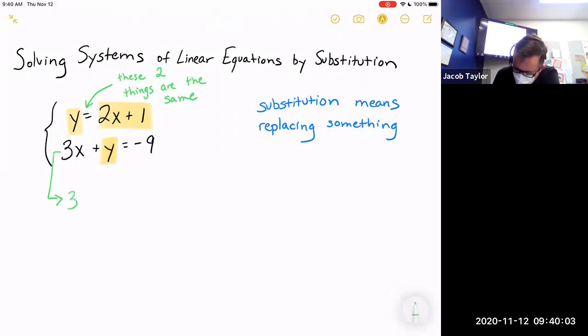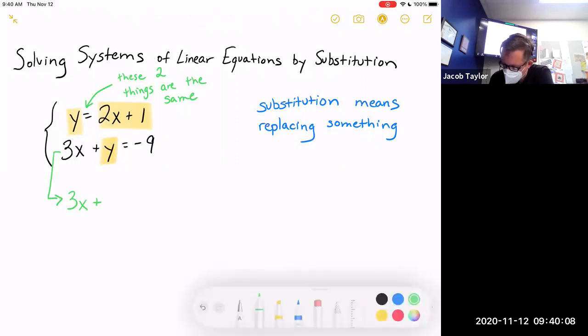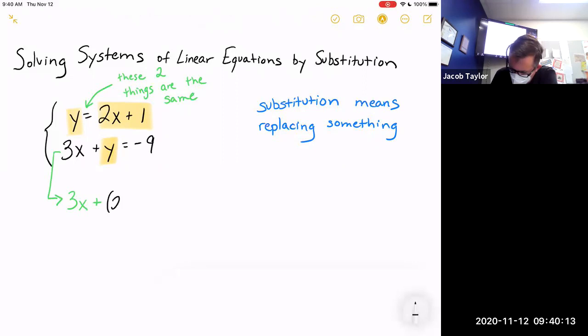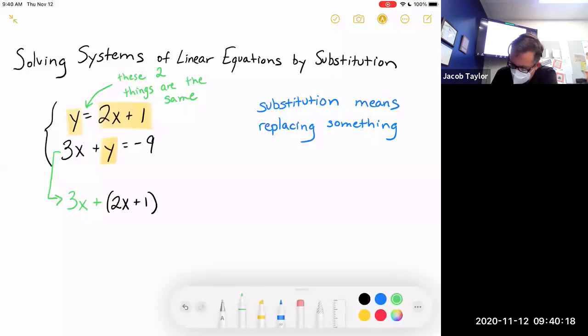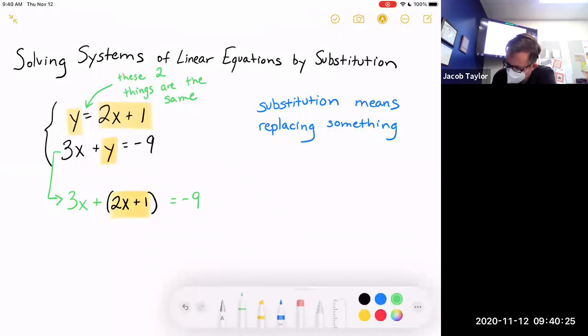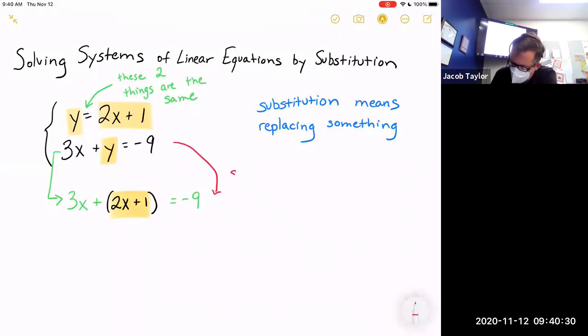I'm going to do 3x plus, and in place of the y, I'm going to put 2x plus 1. And it equals -9. So I have just substituted right here between this step and this step. I substituted 2x plus 1.